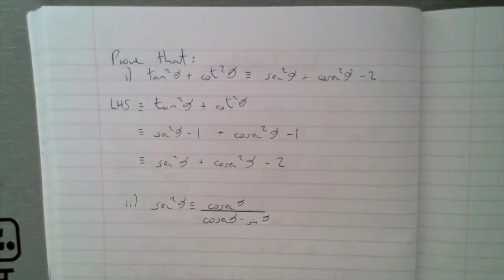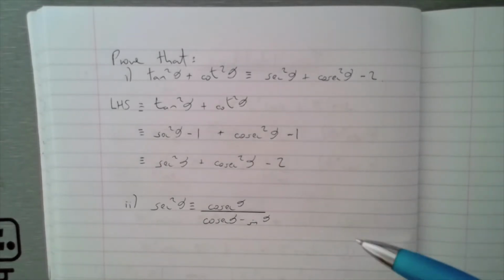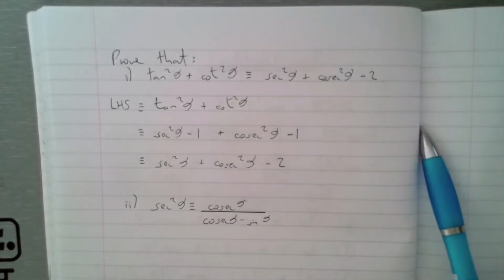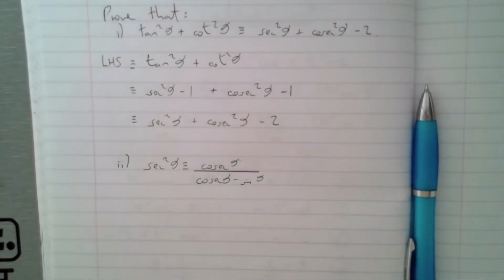Okay, so again, have a quick go at this one, see how you can get on with it. Just before you pause the video, I would suggest you start with the side which has more stuff on it in general. So I would start with the right-hand side this time and try to show that it's equal to the left-hand side. Okay, pause the video, have a go at that one please.